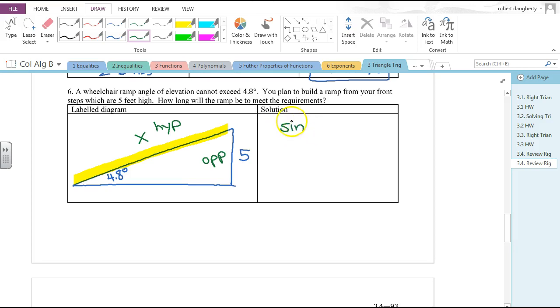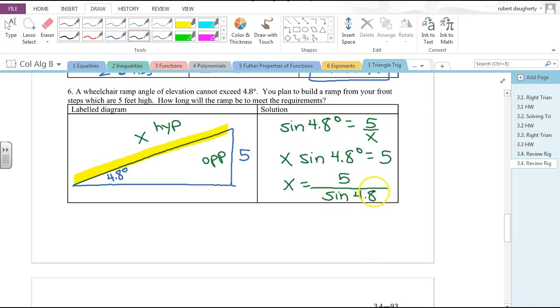So the sine of 4.8 is equal to 5 over x. That means that x times the sine of 4.8 equals 5, or x is equal to 5 divided by the sine of 4.8 degrees.